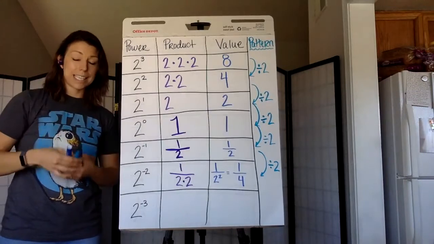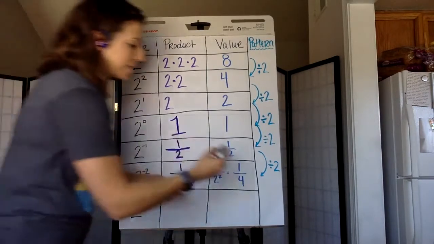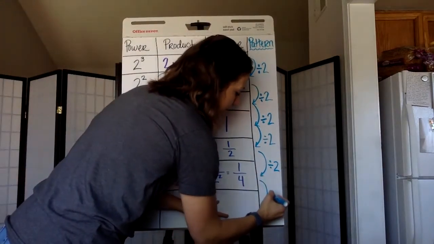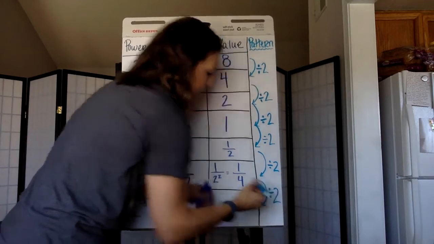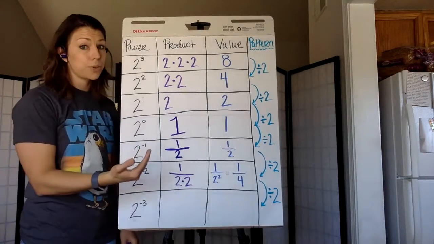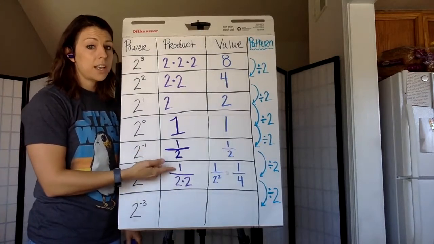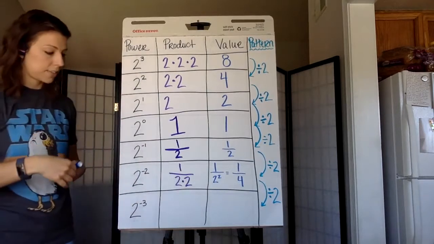Interesting, right? Are you starting to see a different pattern here? I hope so. All right, let's use the pattern to complete the table. What happens when we divide by 2 again? Well, dividing by 2 again just brings another 2 into the denominator. I'm taking 1 divided by 2 times 2, and I'm just adding another 2 in the denominator because I'm just continually dividing.